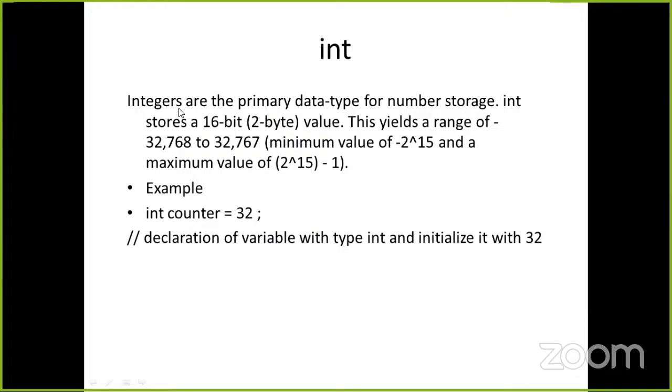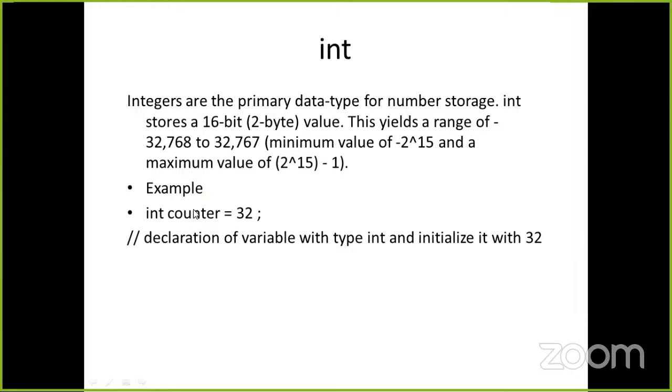The int is a type of data, and we can store values in 16 bits, 2 bytes. That means you can store numbers from negative 32,768 to positive 32,767, both positive and negative values.